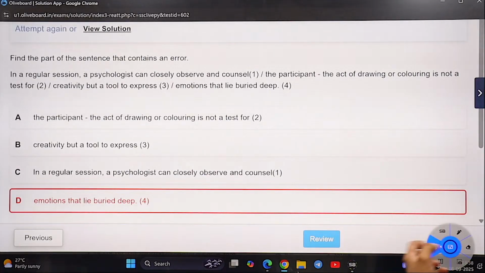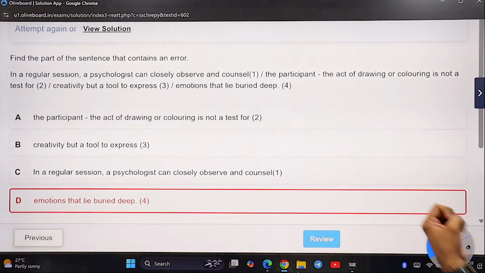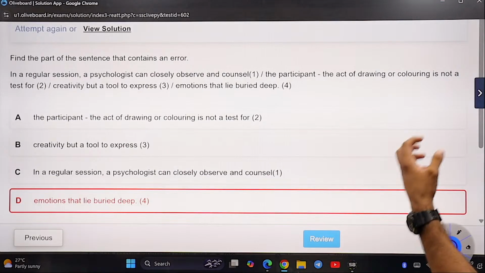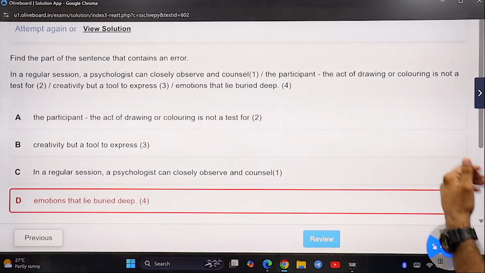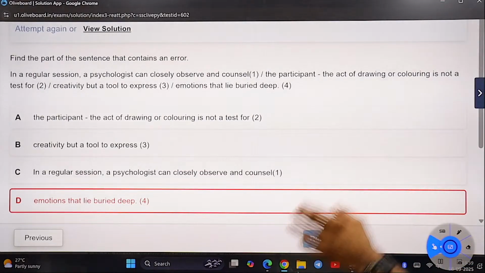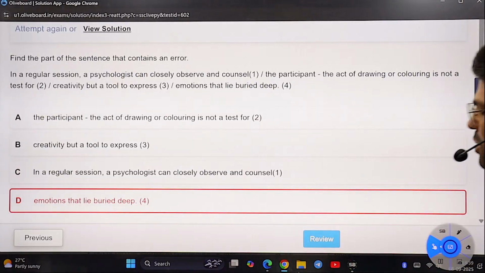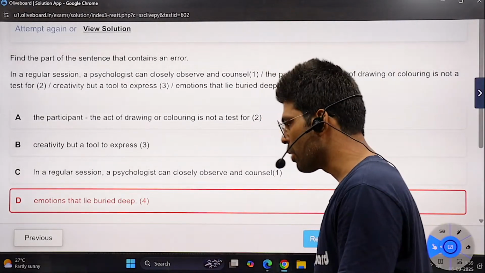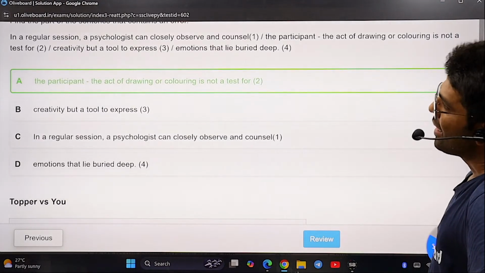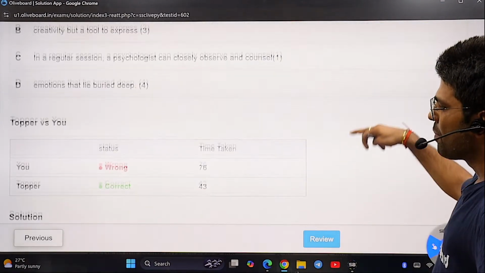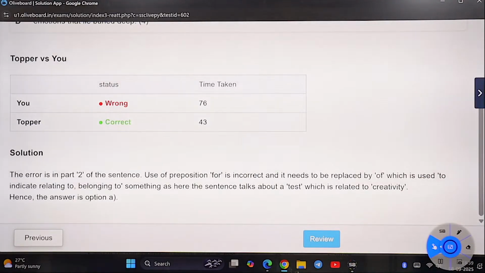The act of drawing, coloring is not a test for creativity but a tool to express emotions that lie buried deep. I also thought of that. Lie is a verb, buried is an adjective. Both are modified by adverbs. So deeply should be here, but no, that was not the answer. What they said, that's a test to creativity. I did check the dictionary and I couldn't find anything like a fixed preposition, a test to.